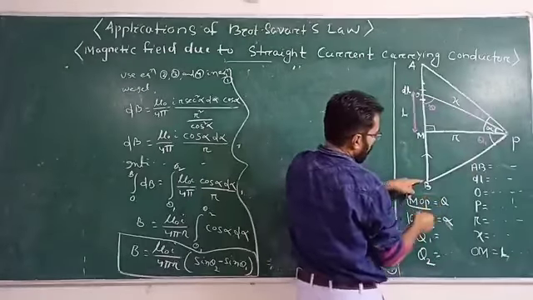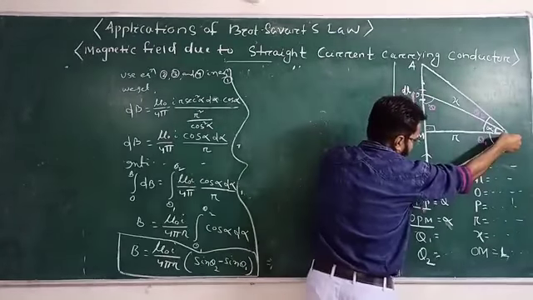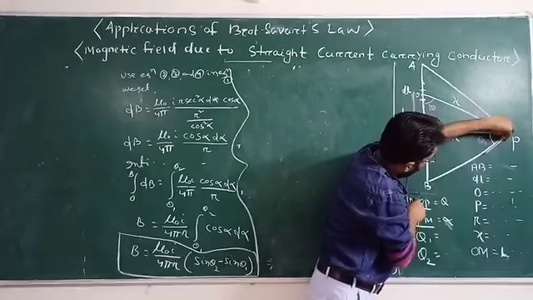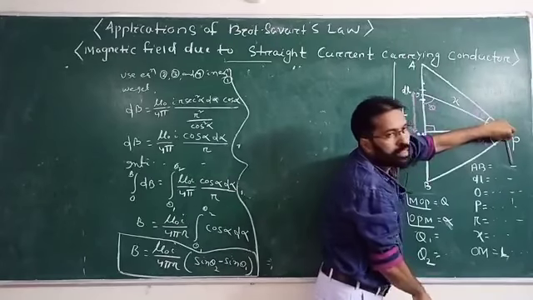Similarly, when point B is at this place, your angle is this one. If B is at infinity, it makes an angle of 90 degrees.